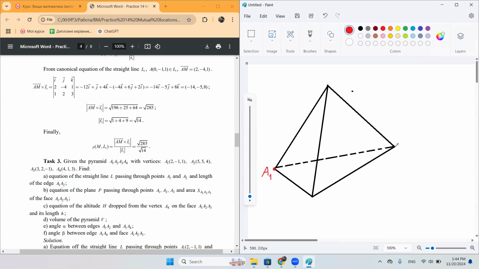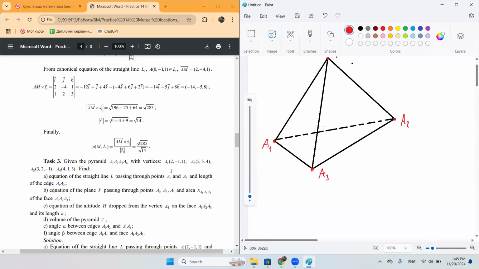Maybe ABCD would have been more understandable, but anyway, let's use this naming. Now the first thing we have to do is find the equation of straight line L passing through points A1, A2, and the length of this edge.